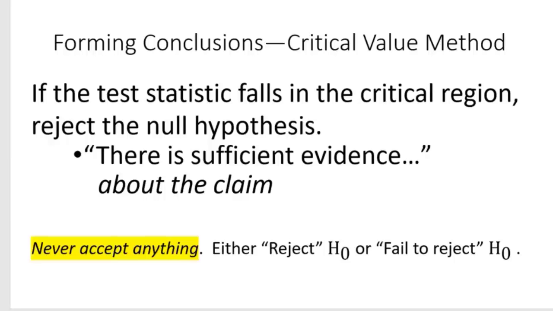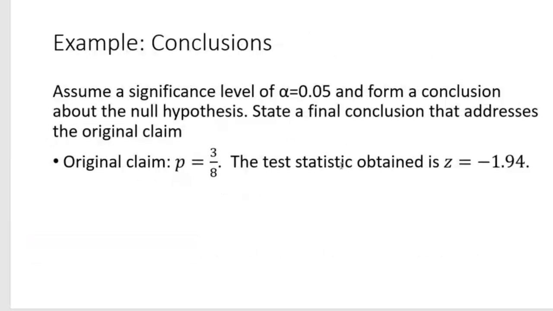It's either sufficient or not sufficient. Again, we're going to talk about how to get these numbers in our next lesson. But first of all, suppose we had a significance level of alpha is 0.05, and we form a conclusion about the null hypothesis and state a final conclusion that addresses the original claim.